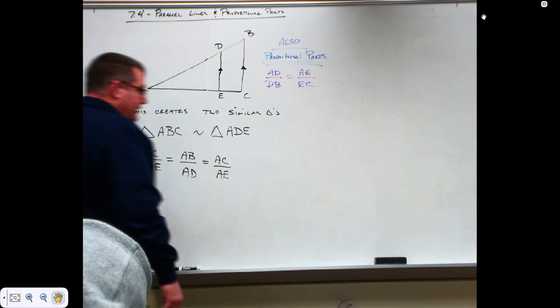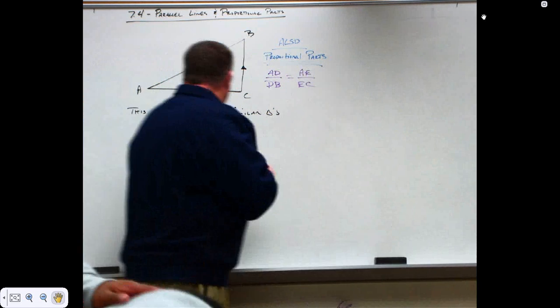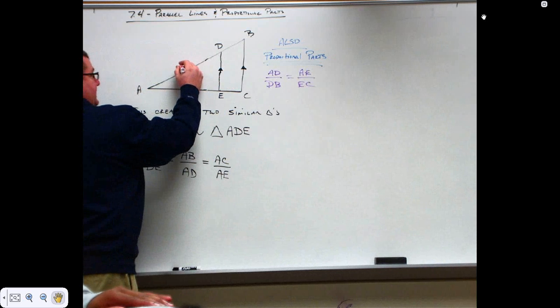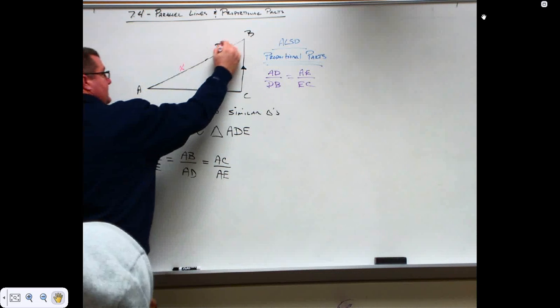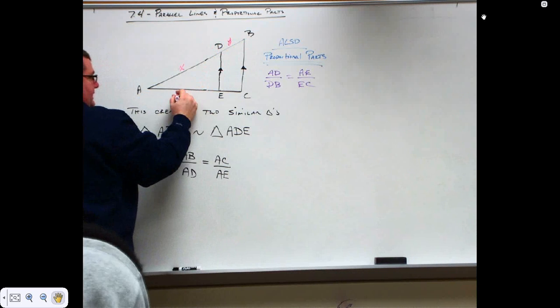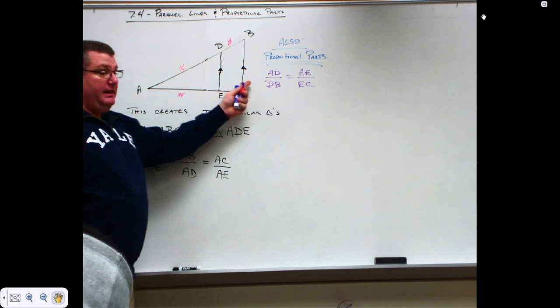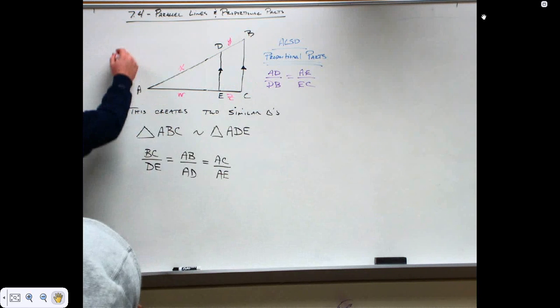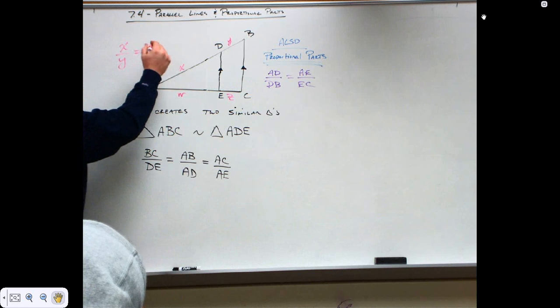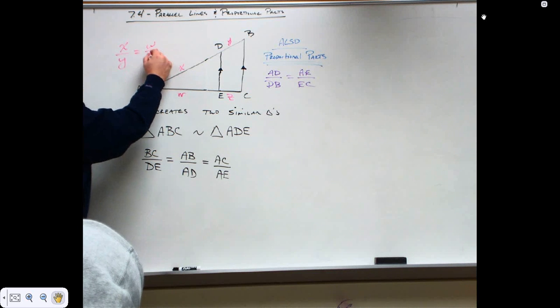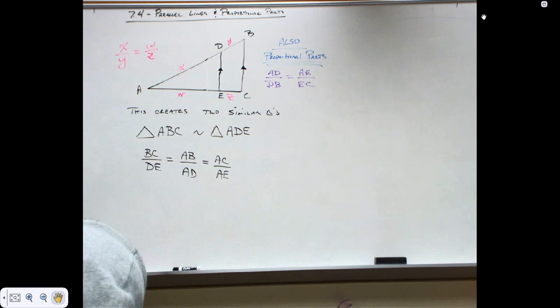Okay? So you can visualize that. I can label this. It basically always looks like this. If this was X, and this was Y, and this was W, and this was Z, when this is parallel to this, it always works out. X over Y is equal to W over Z. So you see that? Does that make sense?